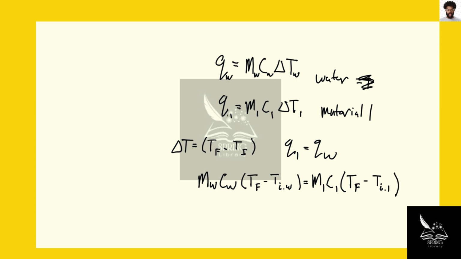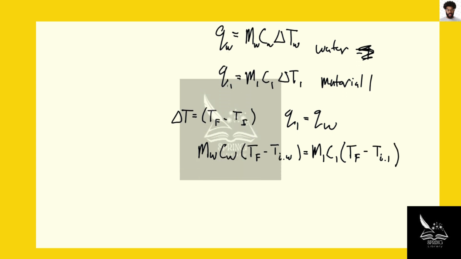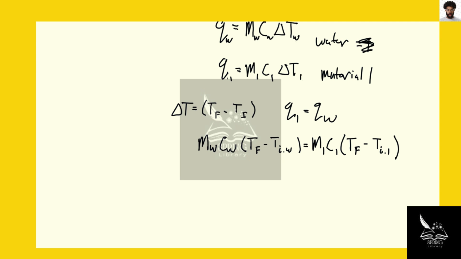Okay. And this is just going to be true, right? This is just the truth of the matter. And, well, lo and behold, C1, that's exactly what we're after, right? The specific heat of our unknown material.